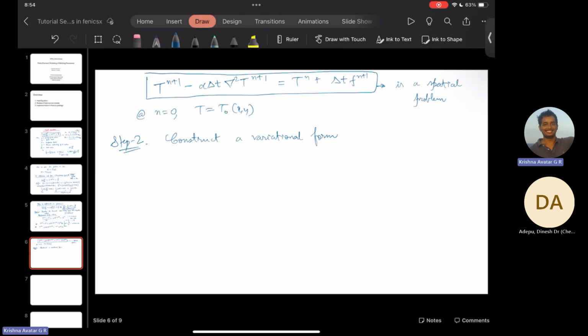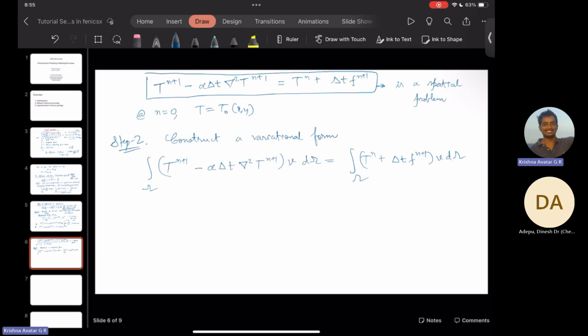We multiply it with some weak function V, the test function, and integrate over the domain omega.